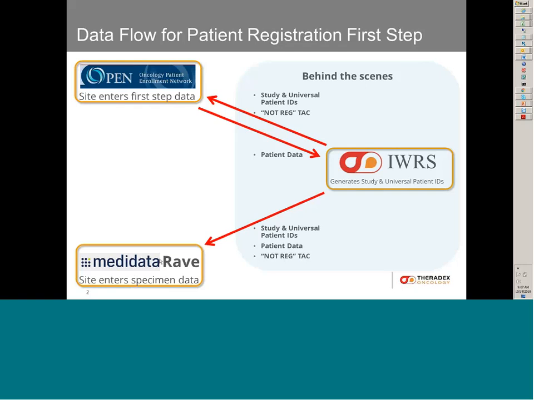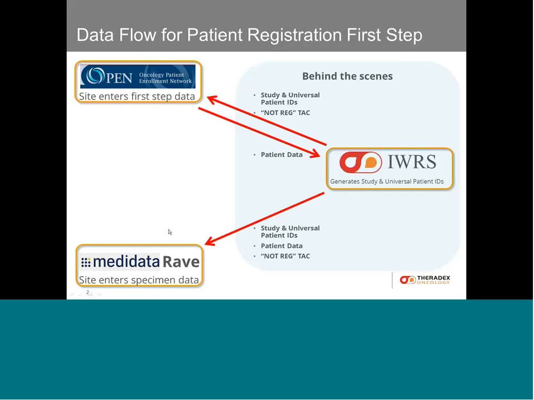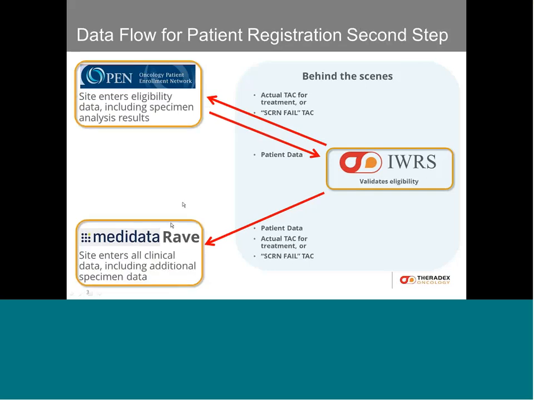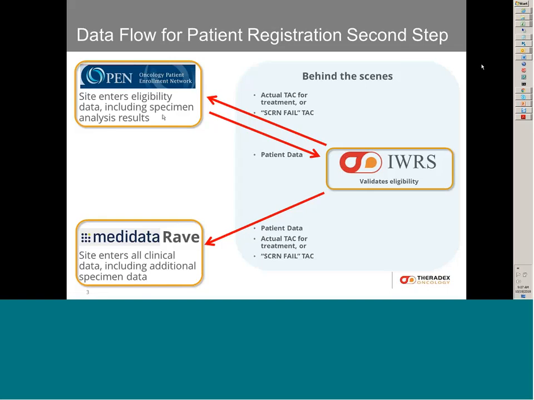When the specimen analysis has been done and the results come back, then the site needs to go on to the second step. The second step for the registration is, again, back in open.